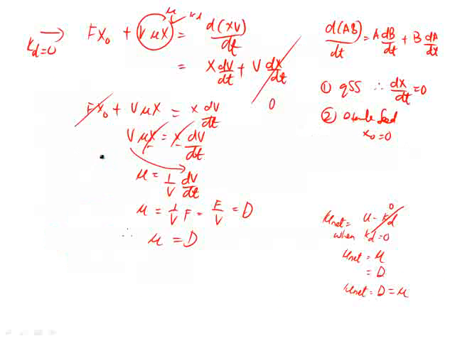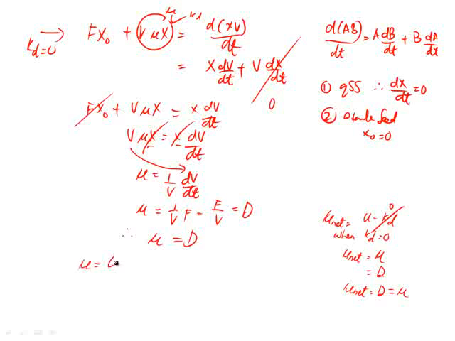Now, you know that mu equals D. Mu is specific growth rate. If mu is the specific growth rate, the X increases following what theory? For bacteria, for example, for microorganisms. Monod theory. Monod equation. What is Monod equation?